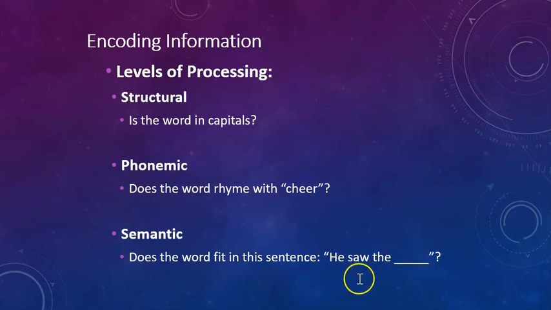He saw the blank. Well, the blank here needs to be a noun, like a thing or a person. So if we put in a word like, he saw the running, that just doesn't fit, right? Because that's a verb rather than a noun. That's where semantics come in, the value or the meaning behind a word.